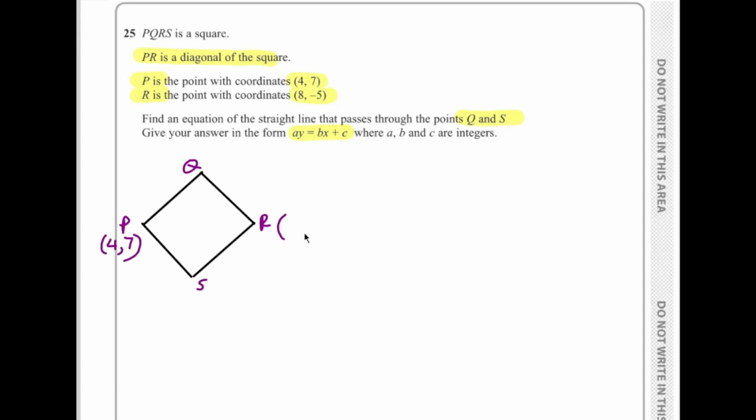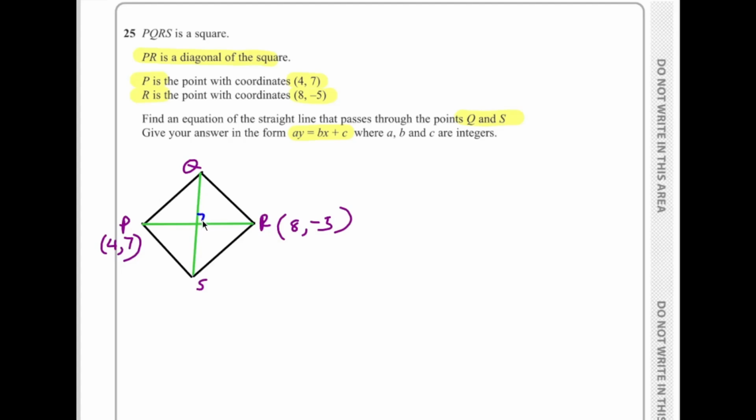Coordinate of R is given as 8, minus 5. And we have to form the equation of Q and S. There are some properties of this square. You should know them. So let's join this one and join this one.